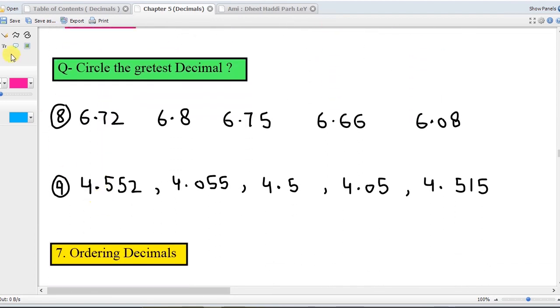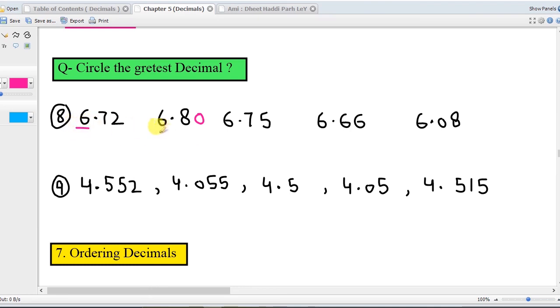Now in this case we have to find the greatest decimal. Circle the greatest decimal, 6.7 to 6.8. First let's make all of their numbers equal. In total we have 3 digits, so 3 digits, 3 digits, 3 digits. In this case we have 2, so just write 0 here. Now start comparing.